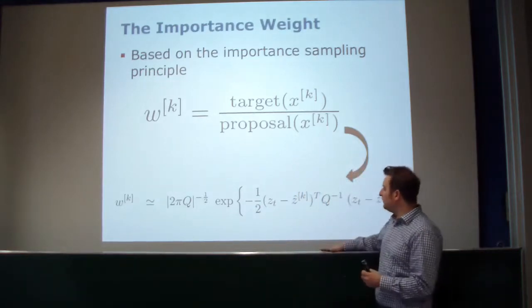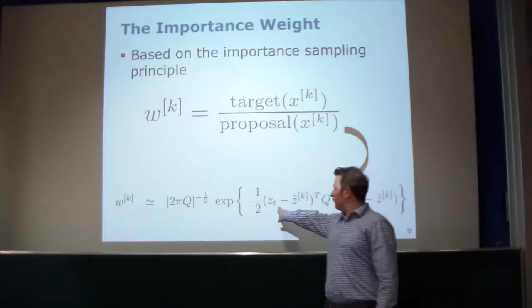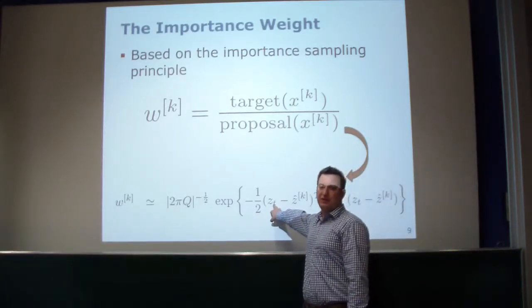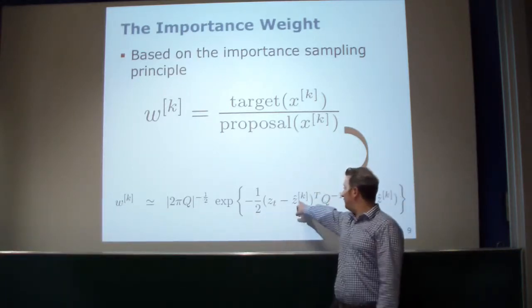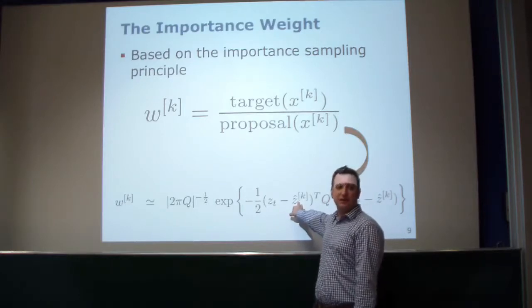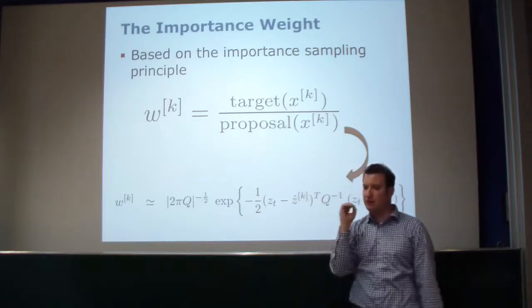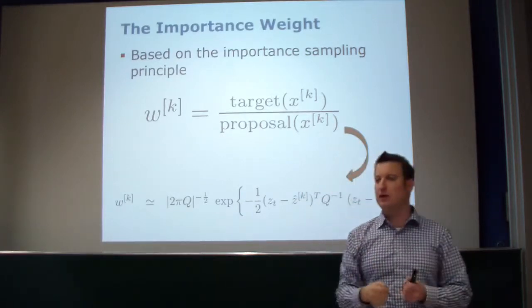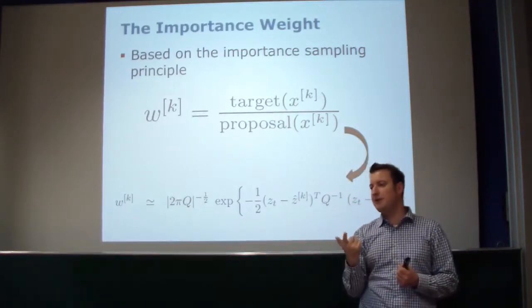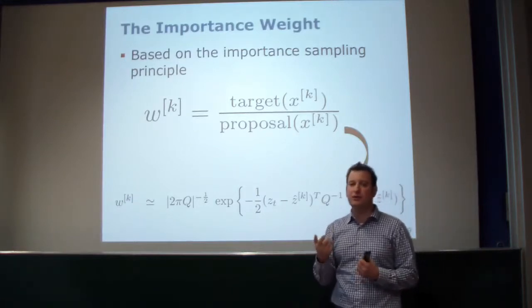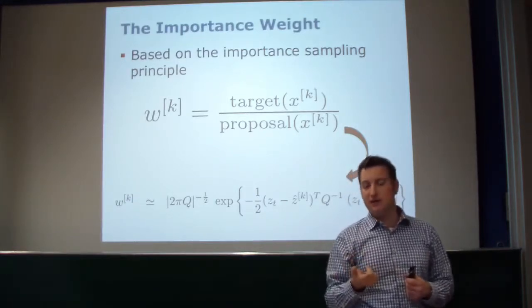And what it actually means is, this is the observation we actually obtained, z_t, and we have the hat, which is the expected observation. And here the expected observation is computed for every particle individually, because every particle has its own pose estimate and its own map estimate. So every particle computes its own expected observation.